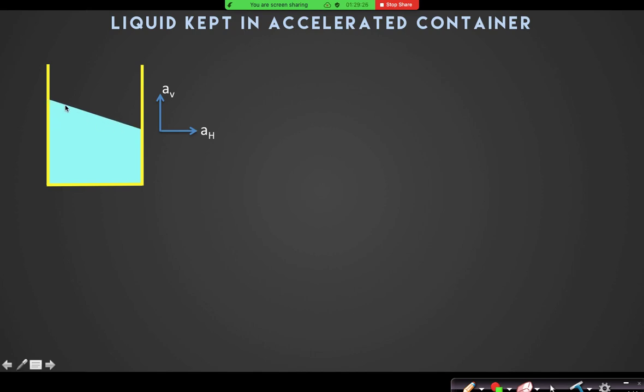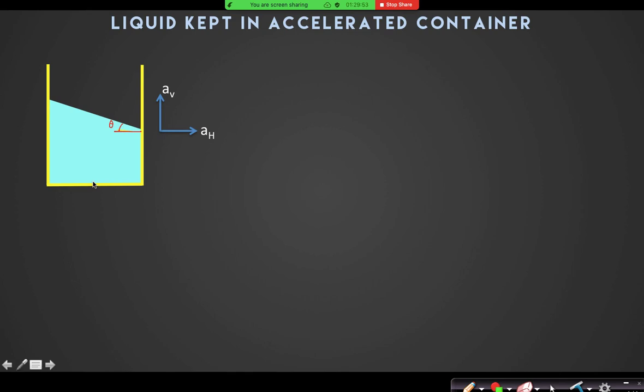It will make a certain angle with the horizontal line. We are going to find this angle, and also the variation of pressure at different points in the liquid.